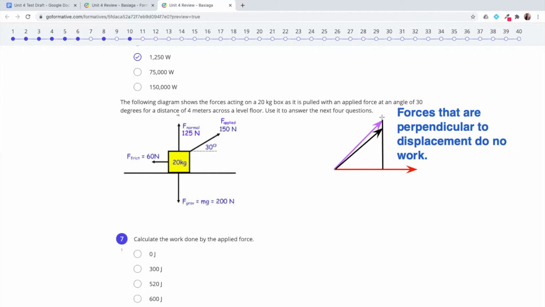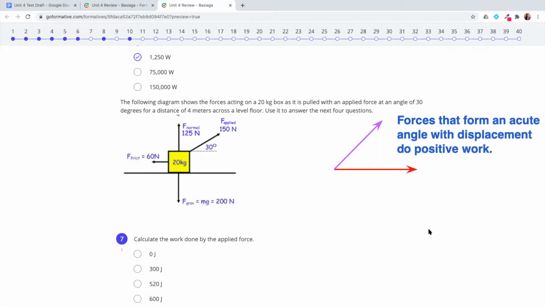So notice that the x component of the purple vector is in the same direction as motion, and so it's trying to speed up the object and add energy to the system. Forces that are acute then do positive work and add energy to the system.